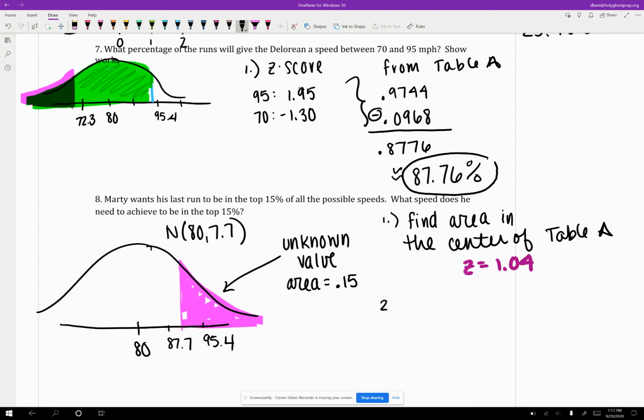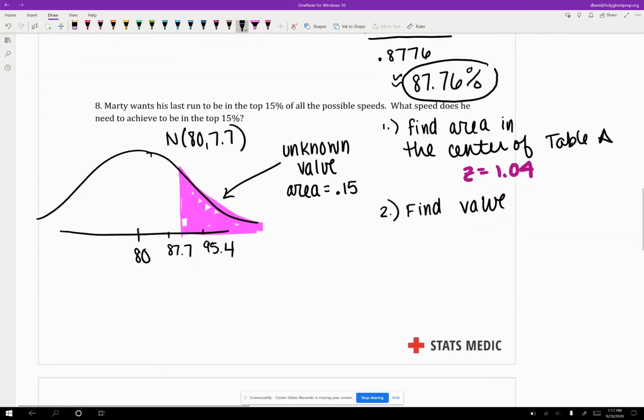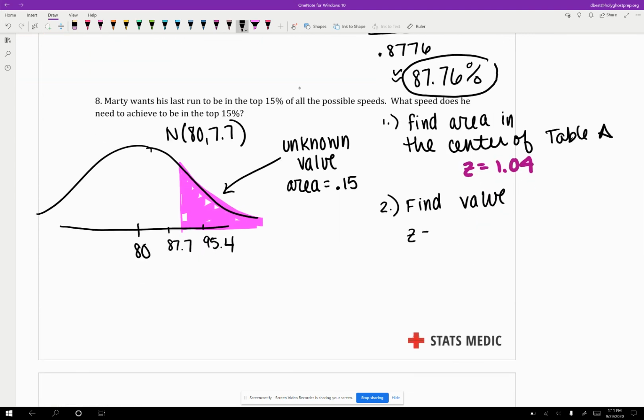And then our second step is to work backwards and find the value. And when I say work backwards and find the value, we're using the formula of z equals the value minus the mean over standard deviation, and you're plugging in what you have. So this time we have the answer, z is equal to 1.04.